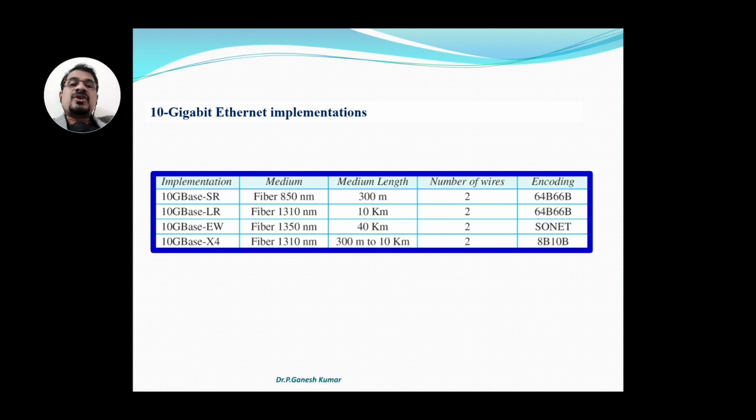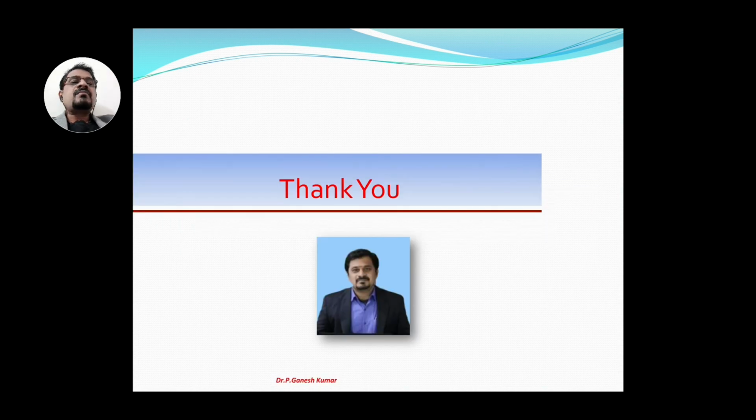The number of wires is going to be only 2 wires, and the encoding mechanism is going to be 64B/66B and SONET. Synchronous optical network communications also can be used in 10 gigabit Ethernet implementations.